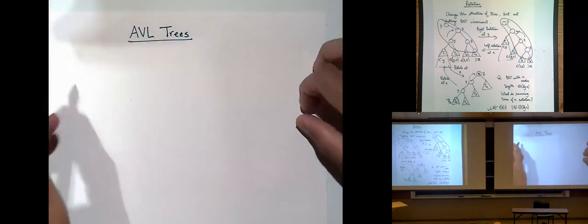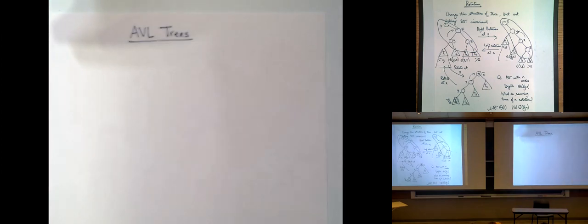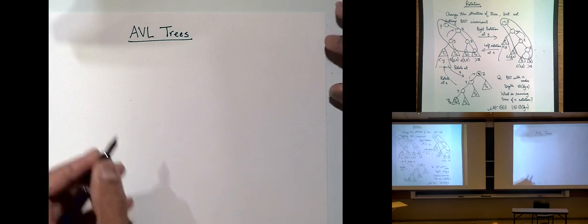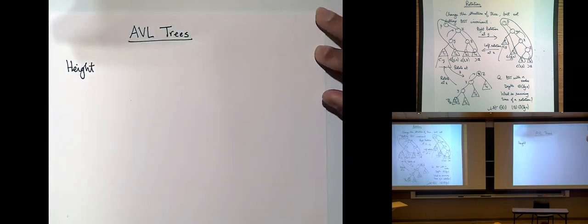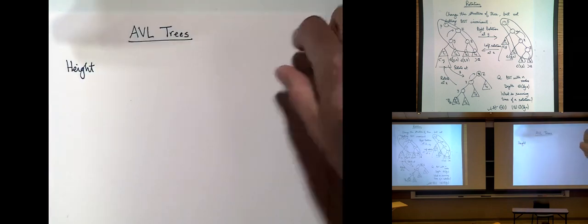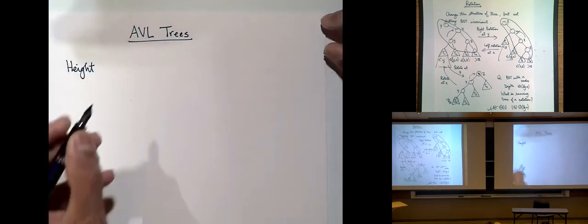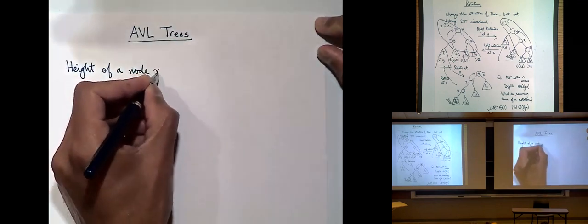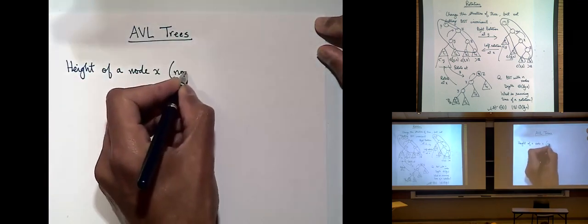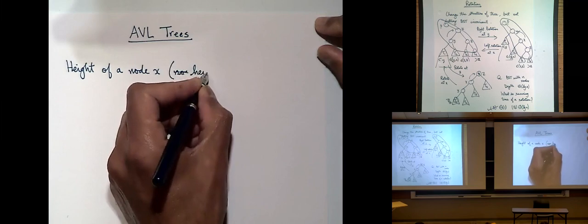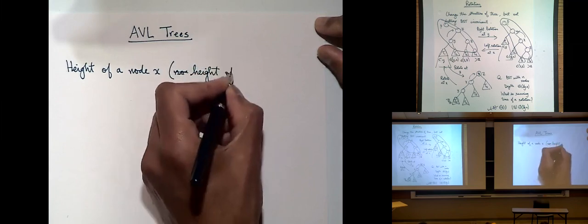For that, we've been talking about depth, which is also equivalent to height, so I'm just going to use the term height here. The height of a node x, which is equivalently the height of the subtree rooted at x.